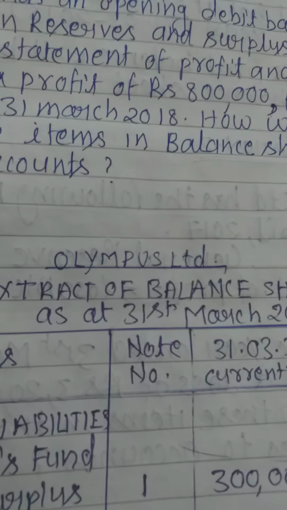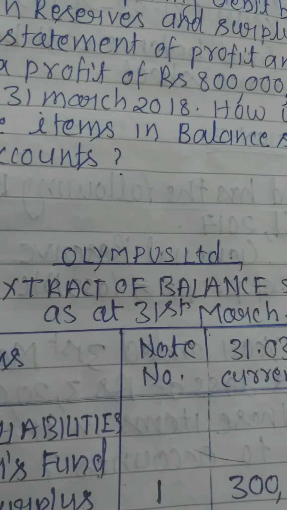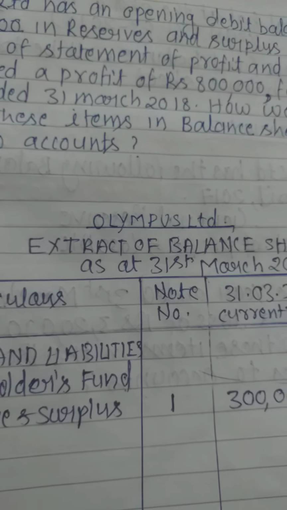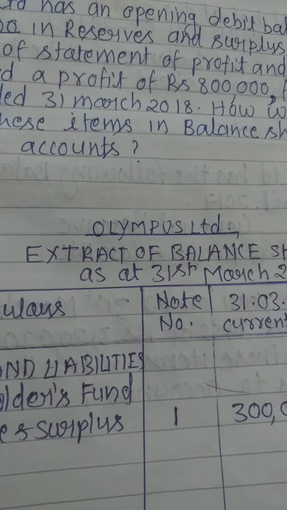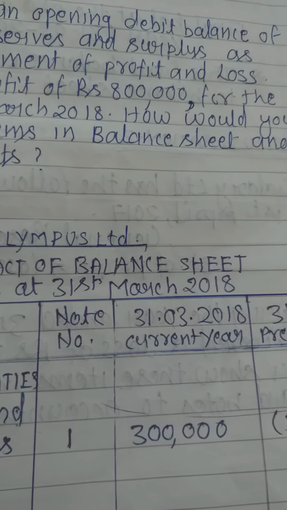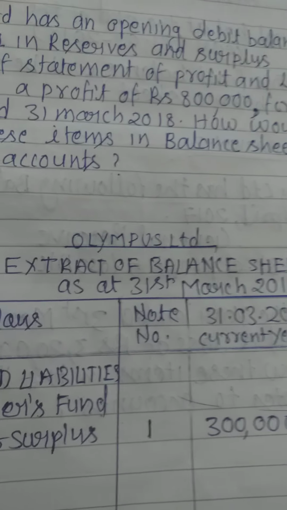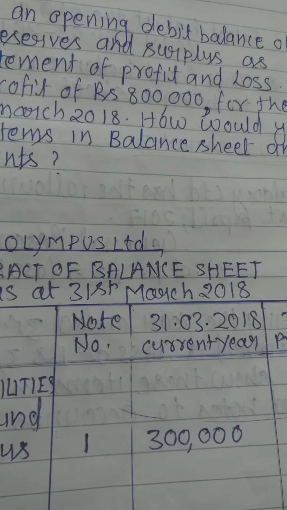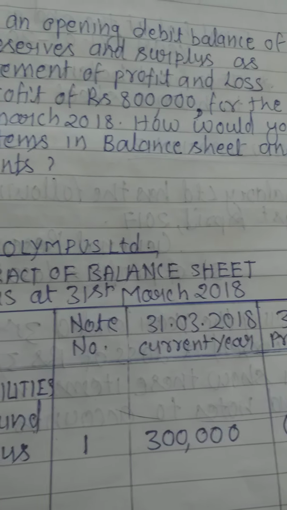The very first thing that you have to write is the name of the firm, Olympus Limited. Then you have to write extract of the balance sheet. Then you have to put the date as at 31st March 2018.